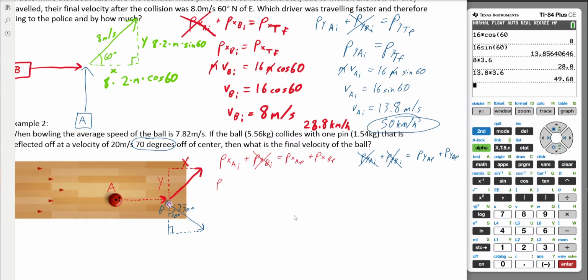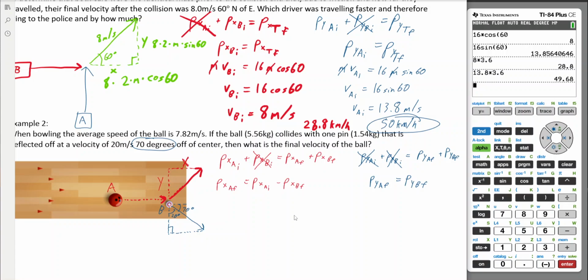So let's solve for that here. PXAF equals PXAI minus PXBF. In the y direction, it's the same sort of thing. PYAF is what we're looking for. PYBF is what we have.